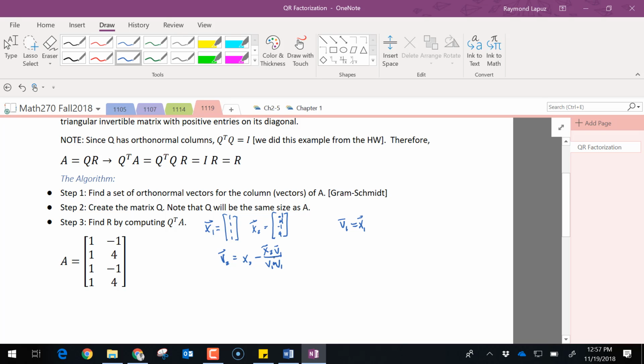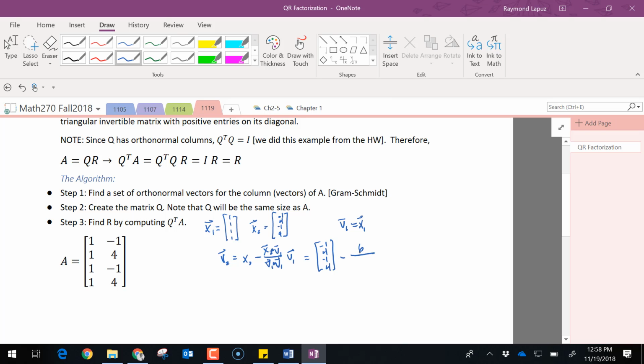I guess these are dot products, we should put a little dot there. So this is going to be x2 minus, and then we have a quotient. We want x2 dot v1, so it's really the dot product of x1 and x2. So that's negative 8, 6, positive 6.